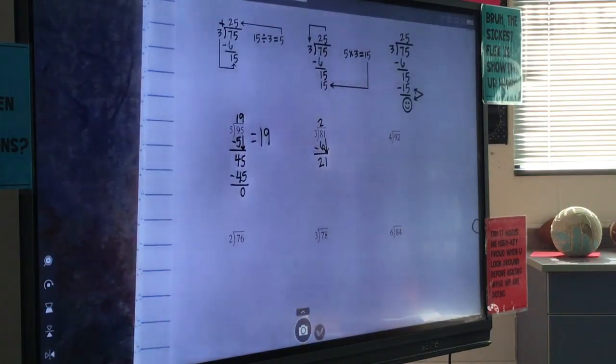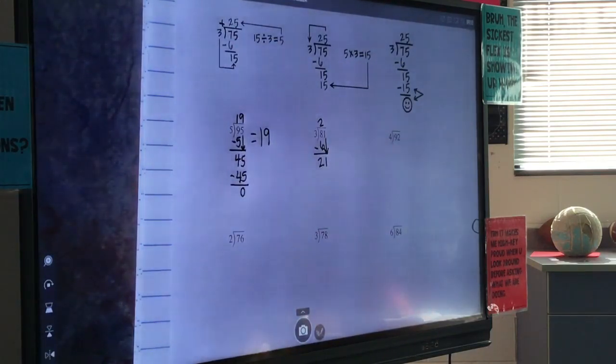Alex? Because there's no 0. There's no 0 and or what else? So you're right, there's no 0, but what's our other reason that we know we can keep going? Because there's one more number. No, yeah, there's another place value up there, but there's another reason. Zachary?